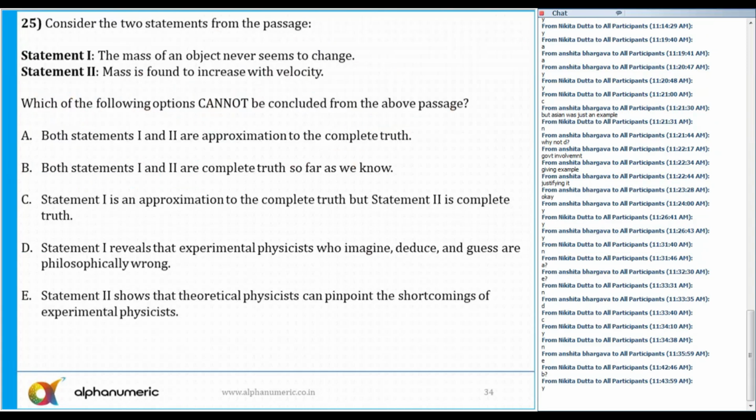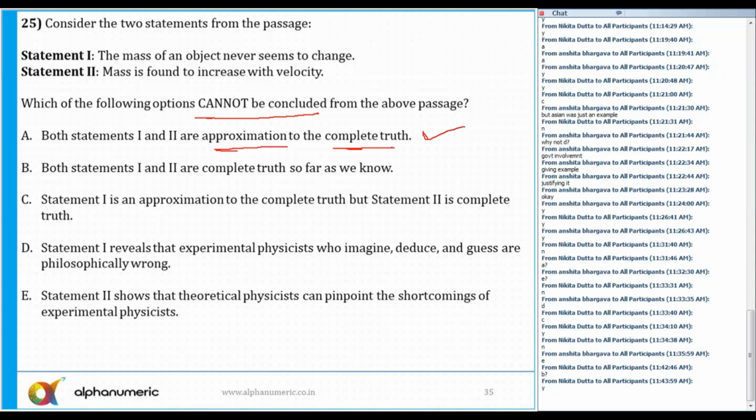Okay, 25. Consider the two statements from the passage. Statement 1, the mass of an object never seems to change. And statement 2, mass is found to increase with velocity. Which of the following cannot be concluded? Statements 1 and 2 are approximates to the complete truth. This can be concluded because he tells you everything is just an approximation.